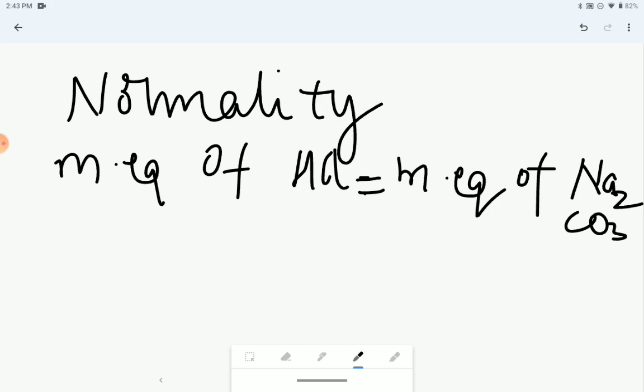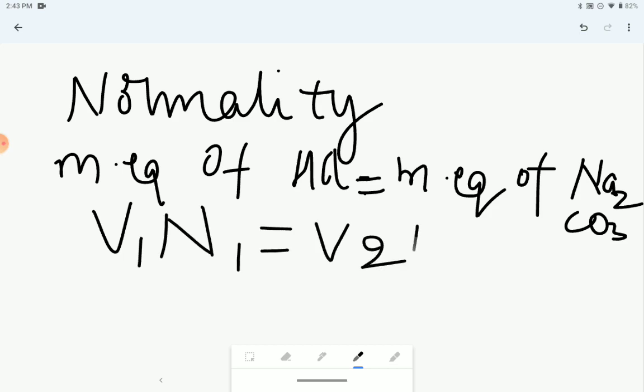Mole equivalent is given by V1N1 = V2N2. This was already done in the preceding video. In case you have any doubts, you can watch that video. So let's go further. V1N1 = V2N2.